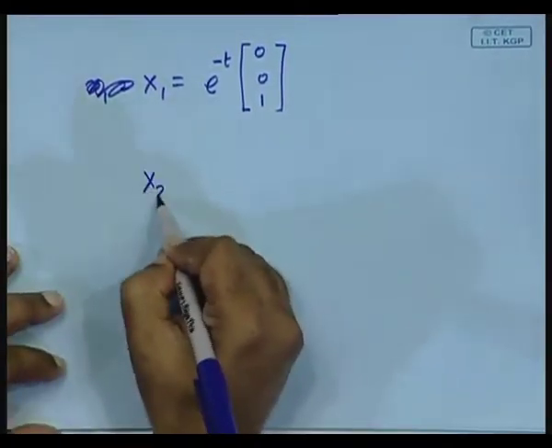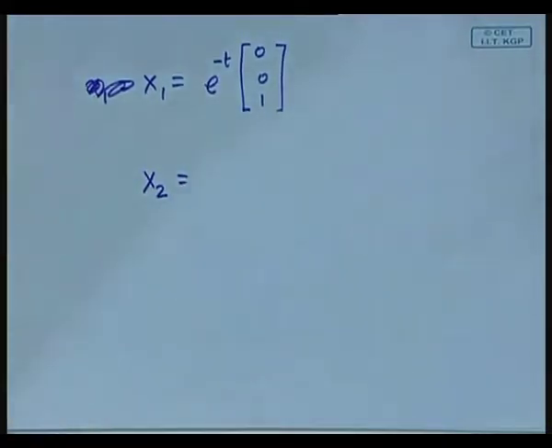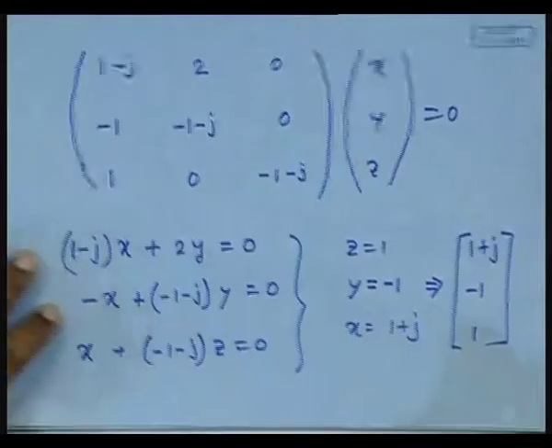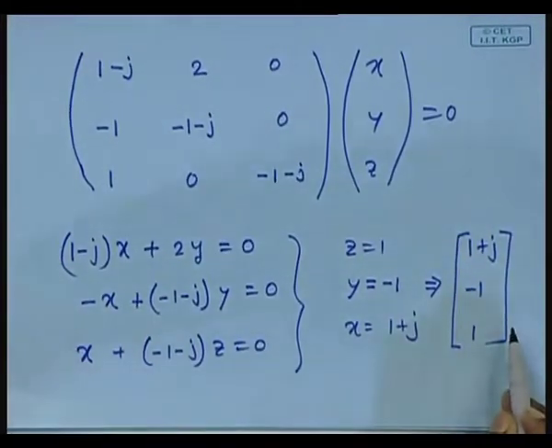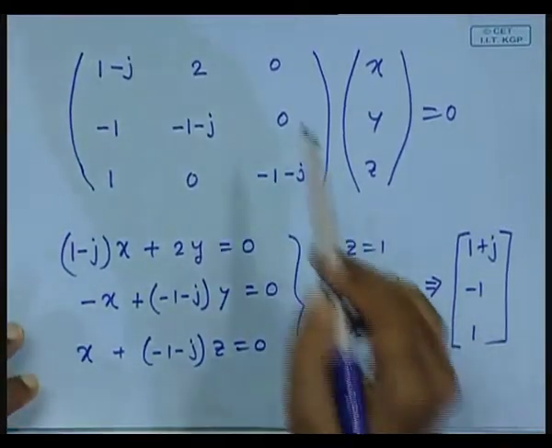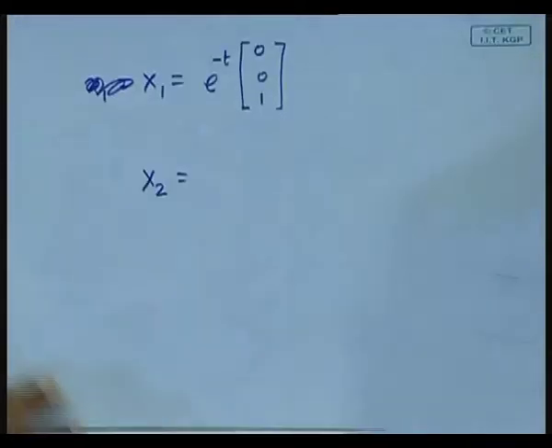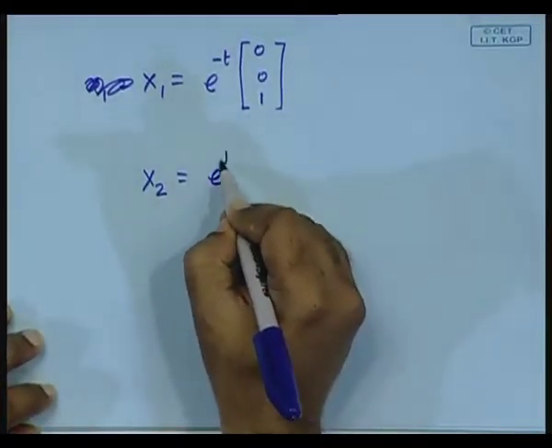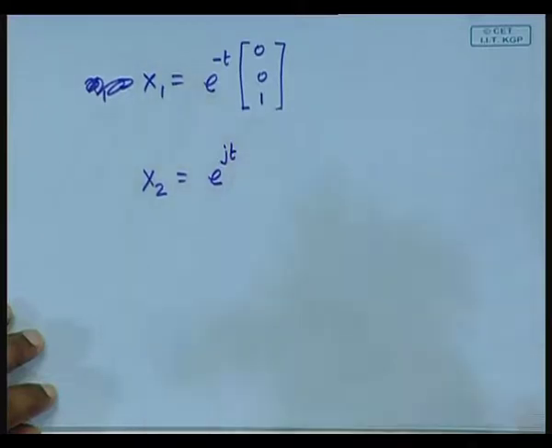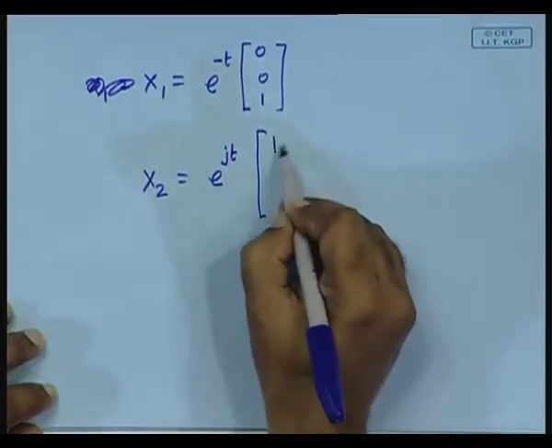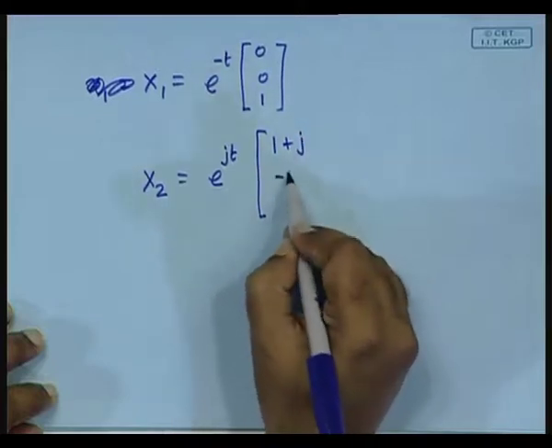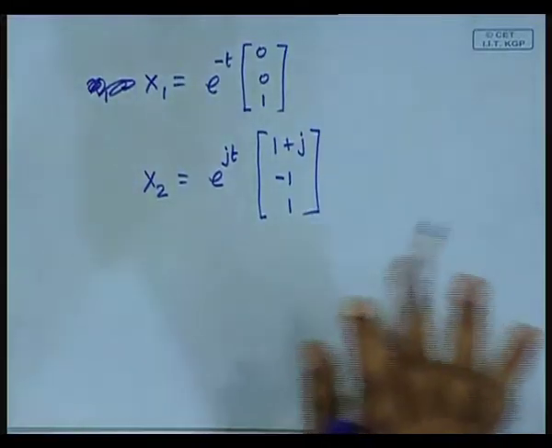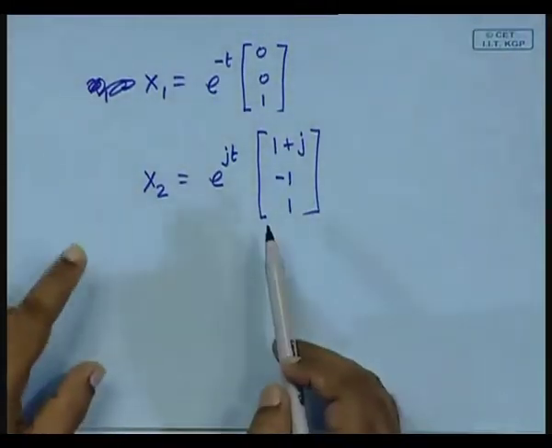So, there are three solutions. I will write capital X 1 is equal to, for this eigenvalue and this eigenvector, e to the power minus t times 0 0 1. Fine. Second one, X 2, now that we have already done. If you have this as the eigenvector and plus j as the eigenvalue, you start by writing e to the power j t, then this 1 plus j minus 1 1, and then we will follow exactly the same procedure that we did earlier.